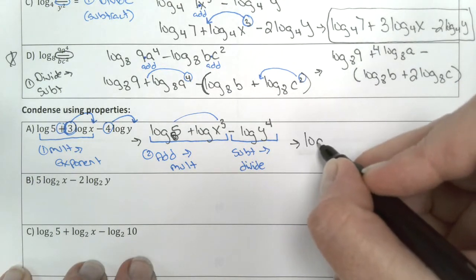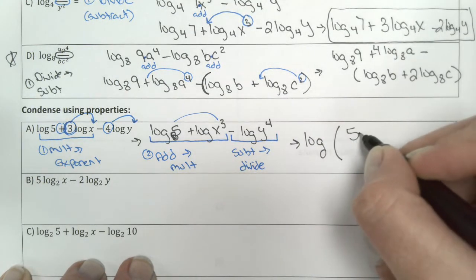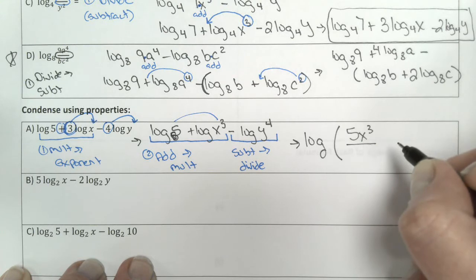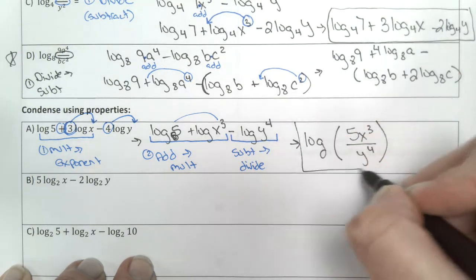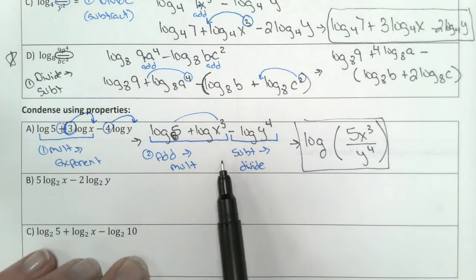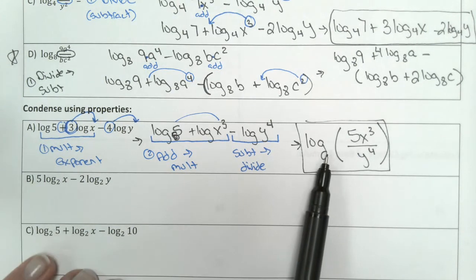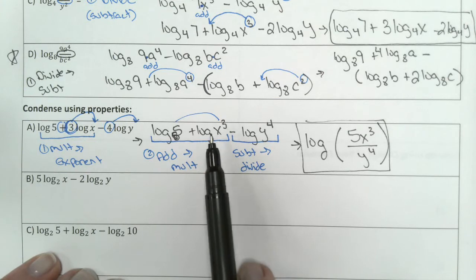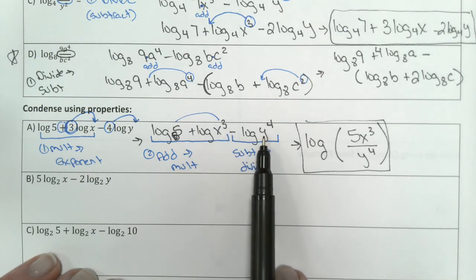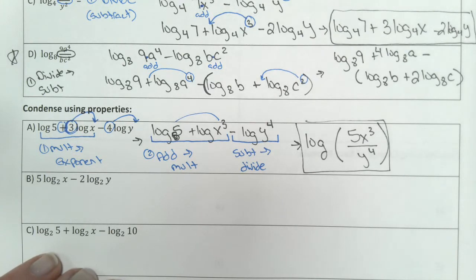So my good final answer is log 5x to the third divided by y to the fourth. So what I want you to notice, when we fully condense something, as we move it all together, it's just these end parts that end up over here. And please notice that I wrote the word log only one time.